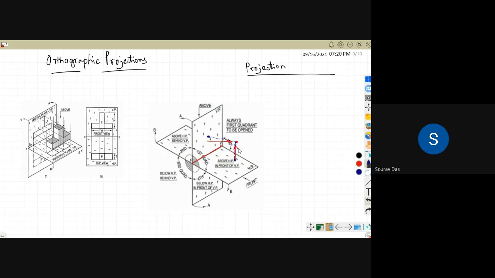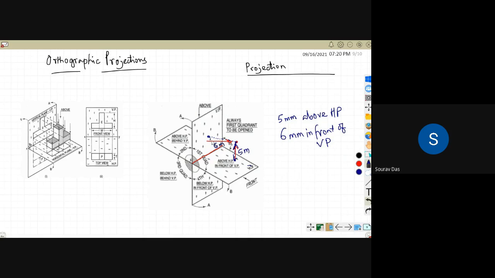So let's say the point is 5 mm above HP and 6 mm in front of VP.